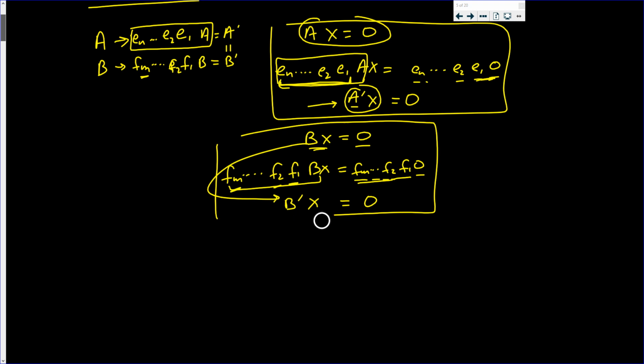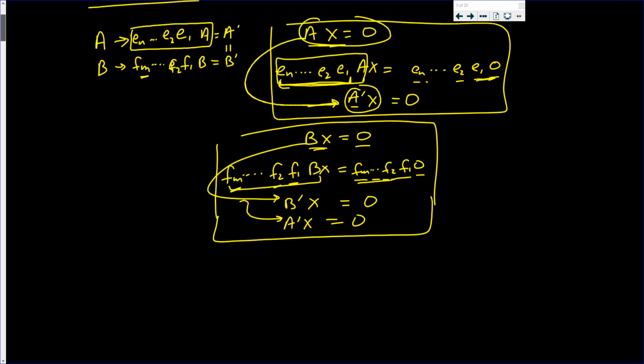But maybe I'll put one more line here. The problem states that B prime and A prime are equal. So what we have is that BX equals 0 has the same solutions as AX equals 0. And AX equals 0 has the same solutions as BX equals 0.